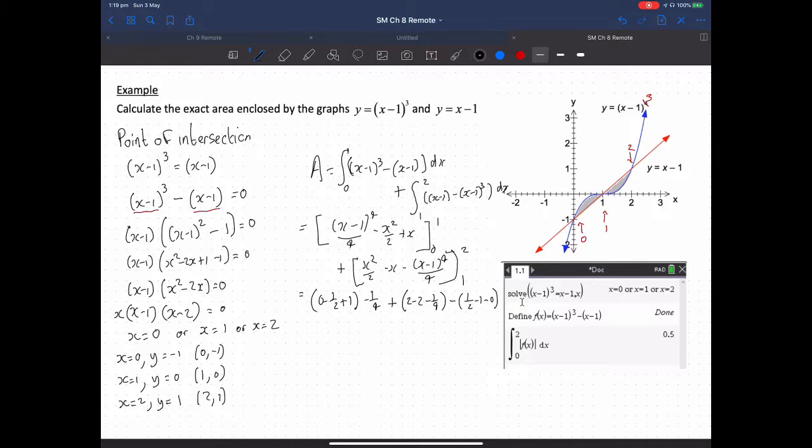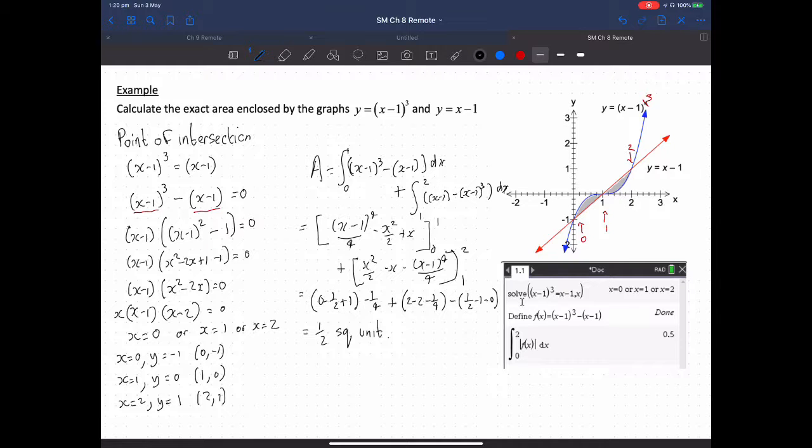That would all come to equal 1/2 square unit. That is not the only way you could have done that question. Because we have the graph there, it is obvious that the two regions are going to have the same area.